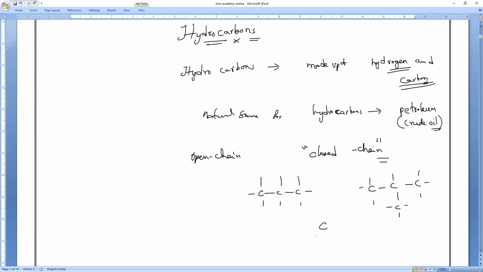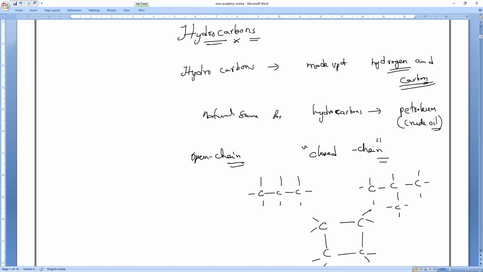It may form an open chain also, it may form a closed chain also. So hydrocarbons are organic compounds made up of only carbon and hydrogen.